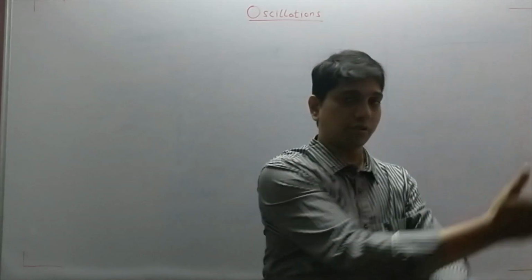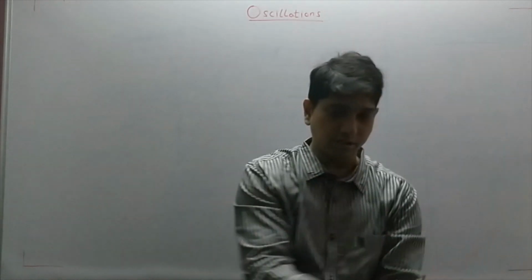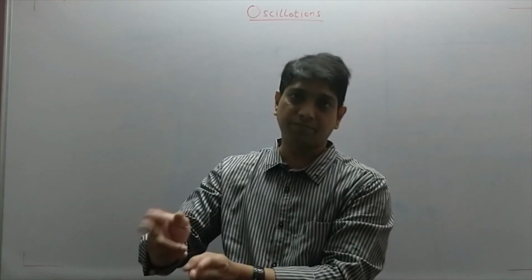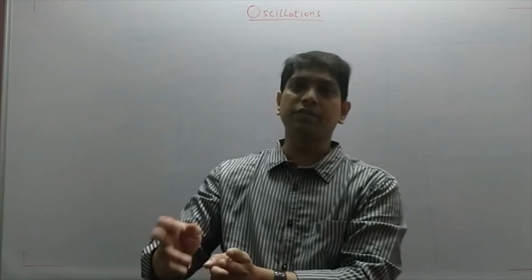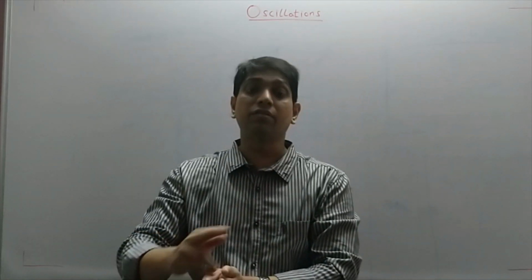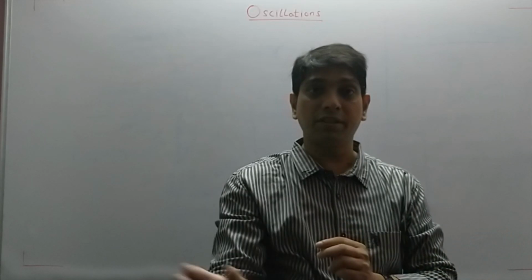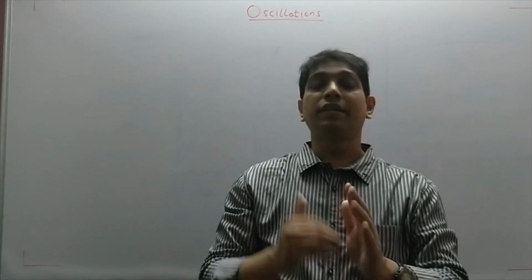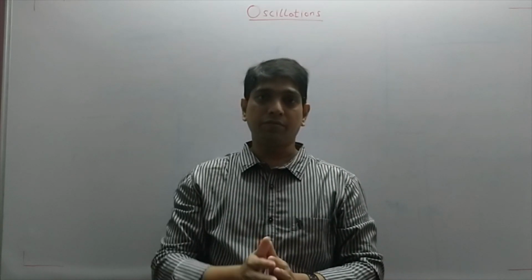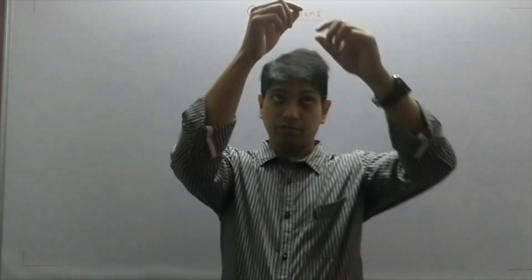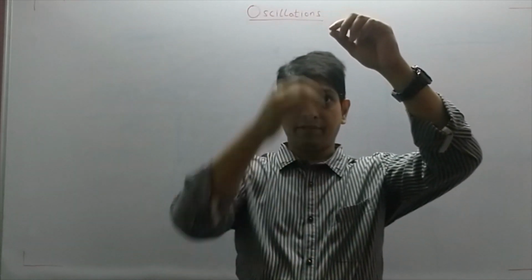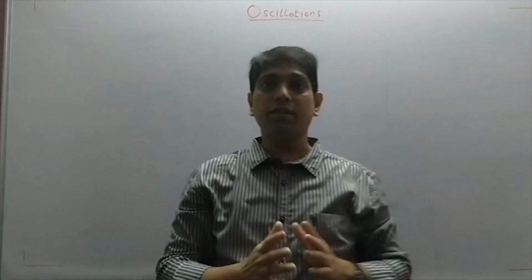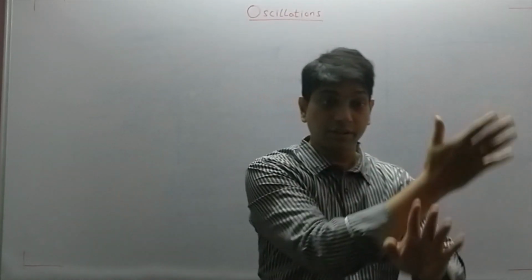It starts oscillating. You can see it is oscillating, and due to resonance, what happens? The third pendulum will start oscillating on its own because there is resonance. We have a metal rod with three pendulums attached to it, and the two pendulums start oscillating with the same time period.